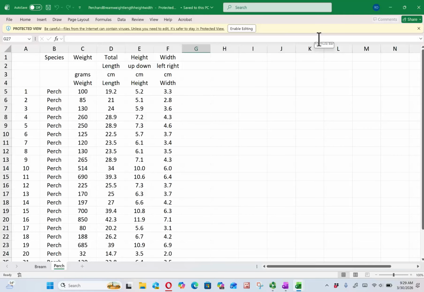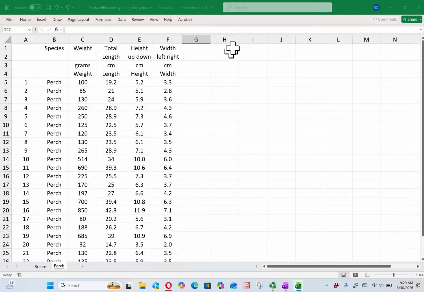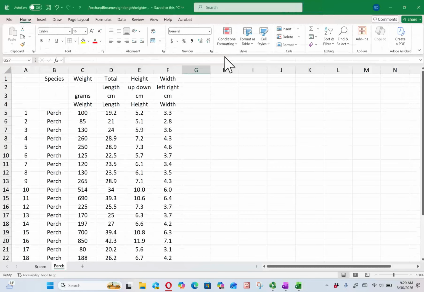This data is from Turkey, and it shows two species. I've got the perch page. I want to look at the relation between the weight of perch, the length, the height. Literally, this is how long is it, how tall is it, and how wide is it. And then do the same kind of correlation.